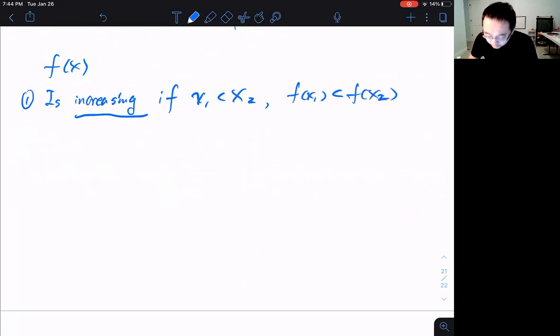So then, at least on a particular interval where x1 and x2 are, we call this an increasing function.